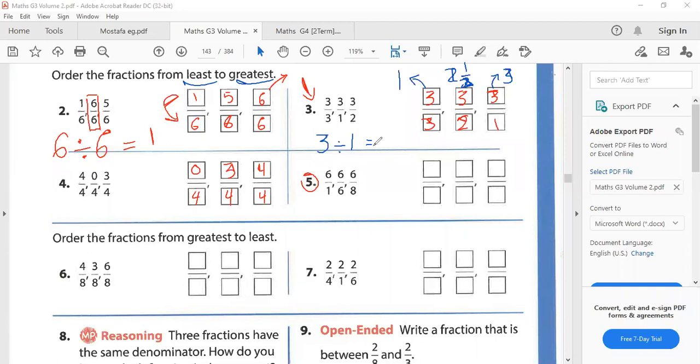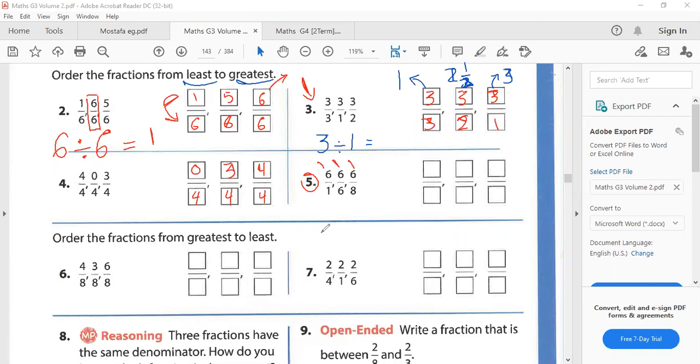Numerators or denominators? Denominator. Why? They are up, equal, up. 6, 6, 6. They are equal numerators. It is numerator. So we have equal numerators. So the rule says the greatest denominator is the least fraction, or the smallest denominator is the greatest fraction. So tell me which one is the least fraction?